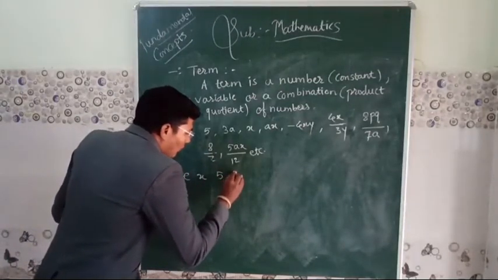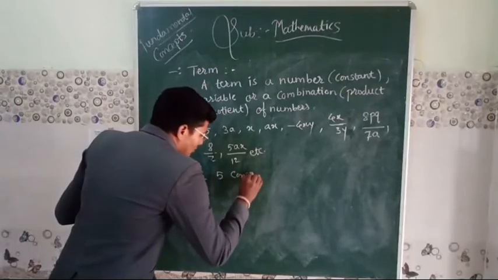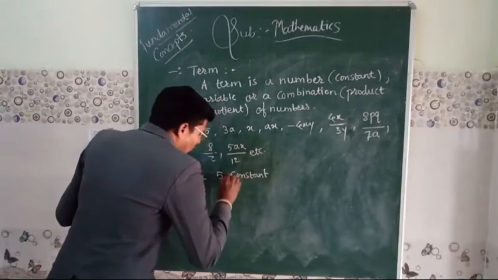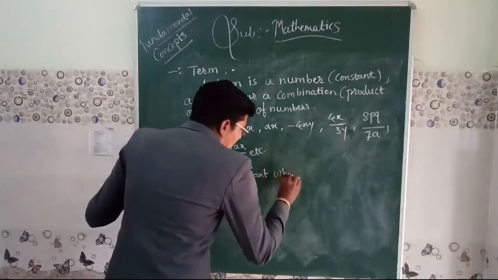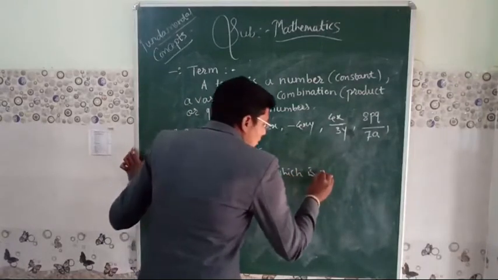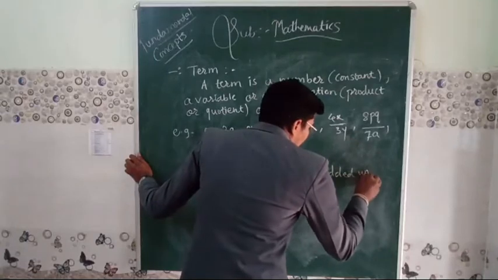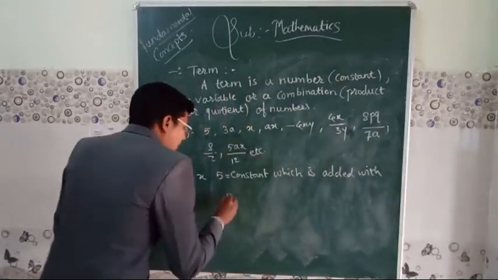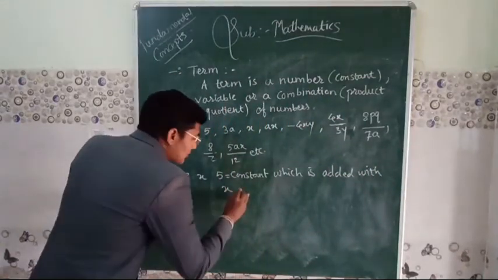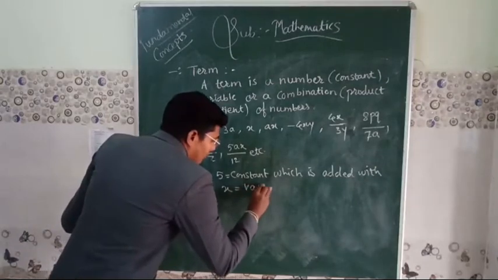5 is a constant which is added with x, a variable.